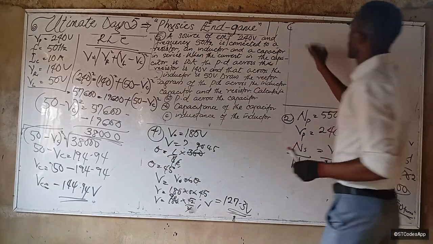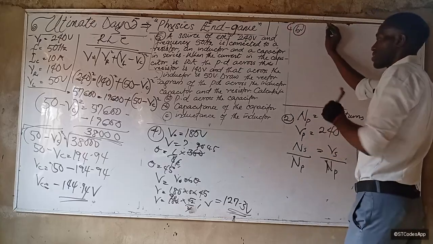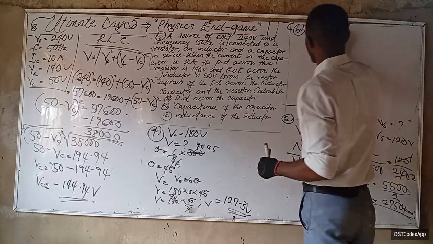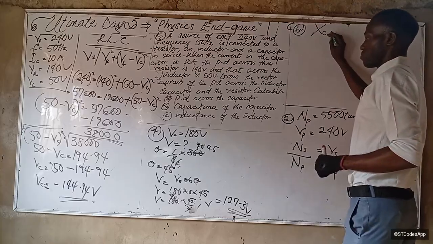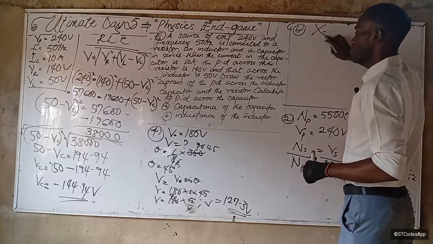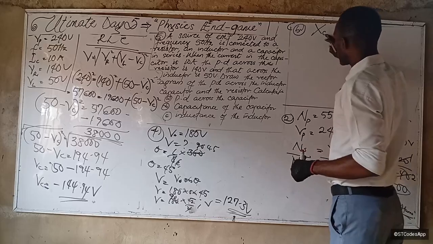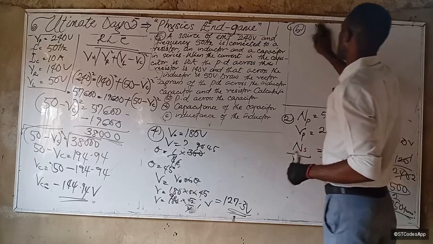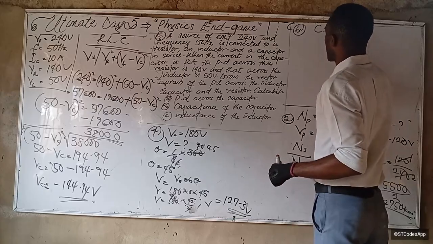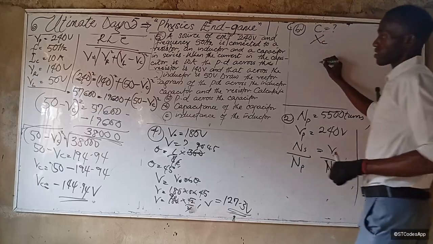So now, the capacitance of the capacitor. It's C we are looking for. And what is the capacitive reactance first?